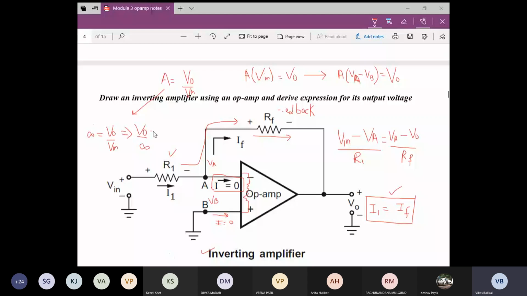And what is anything divided by infinite? 0. So which means you are going to get V in equal to 0.